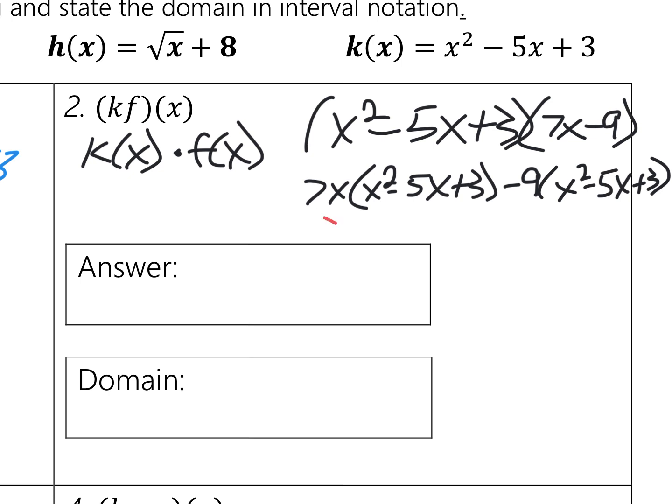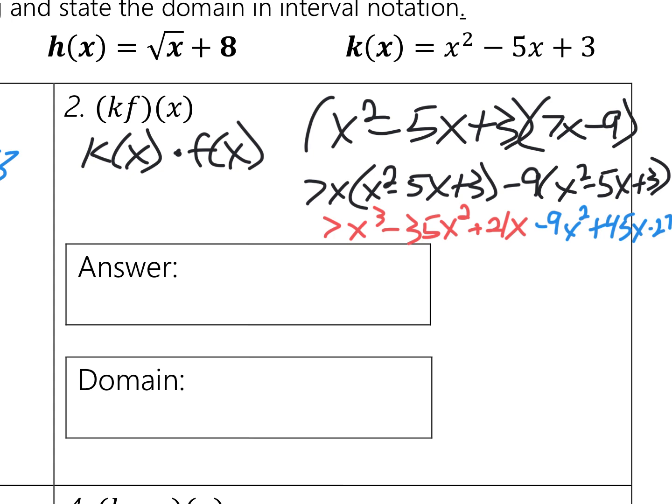And when I do that, I'm going to get 7x to the third minus 35x squared plus 21x, okay? And then over here, I'm going to have minus 9x squared plus 45x and minus 27, okay?